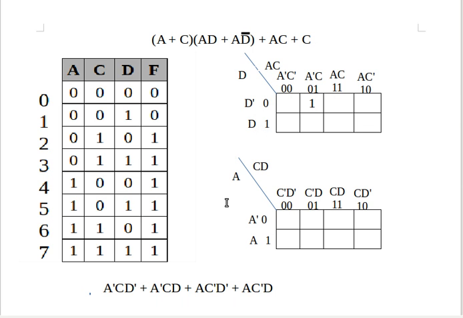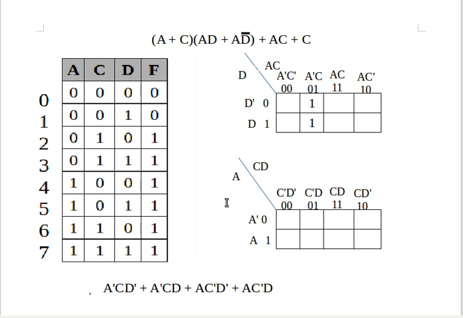This representing 0 1 0. Now if we look at the second one that has a 1, which is the fourth row, I have what? 0 1 1, which is A prime C and D.